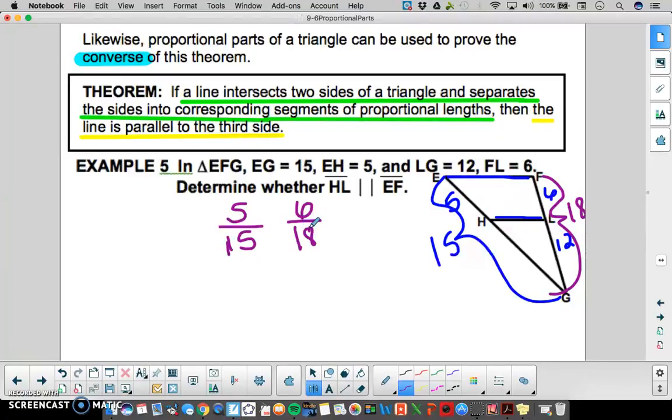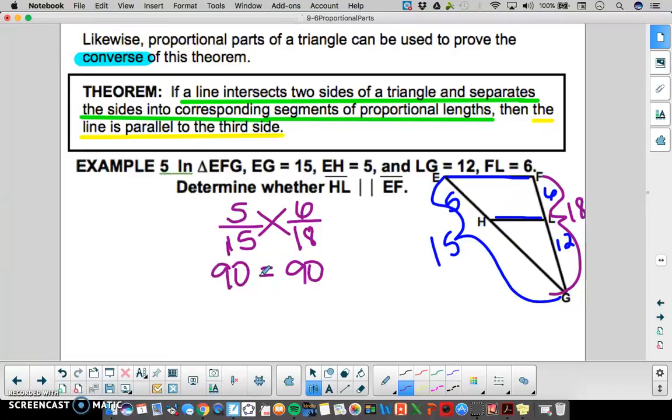We know if we were to test those cross products, we would have 6 times 15 and 5 times 18. So 18 times 5 is 90. 6 times 15 is 90. Because those cross products are equal, we know those pieces are proportional.